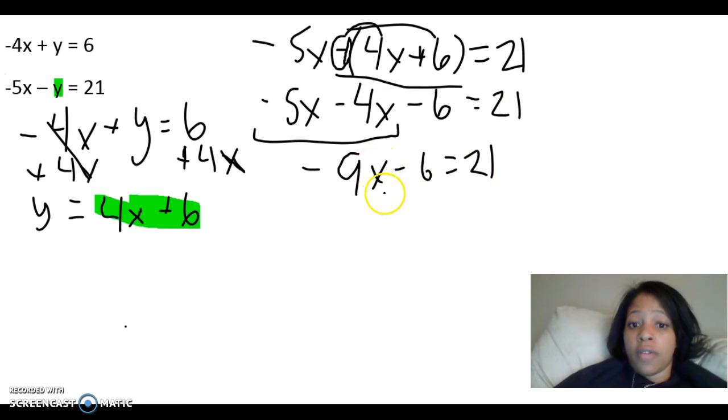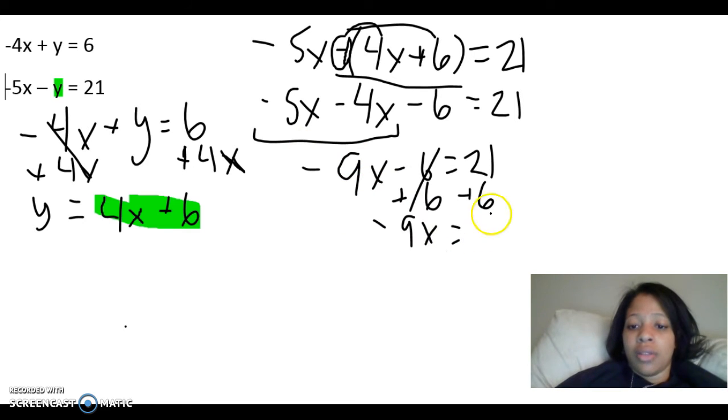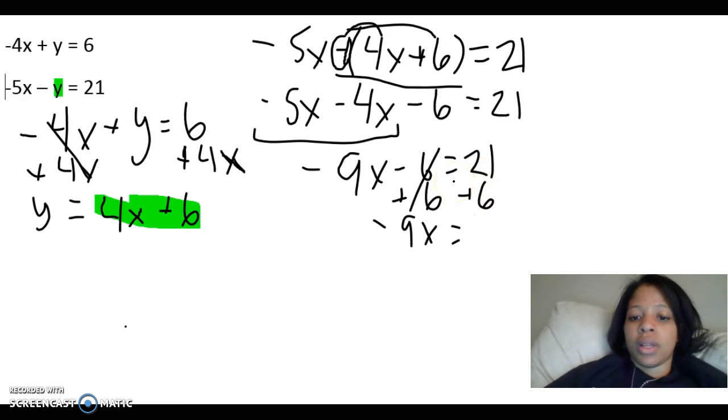Now, I'm solving for x. I only have one x, so I need to get rid of everything else that's not x. So first I can get rid of this negative 6. And the opposite of that would be adding 6 to both sides. They cancel out. And bring down what you didn't use. So this negative 9x equals, and now these are like terms, so you can combine these. They're both just numbers. 21 plus 6 is 27.